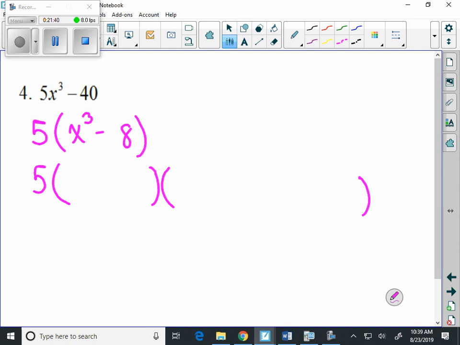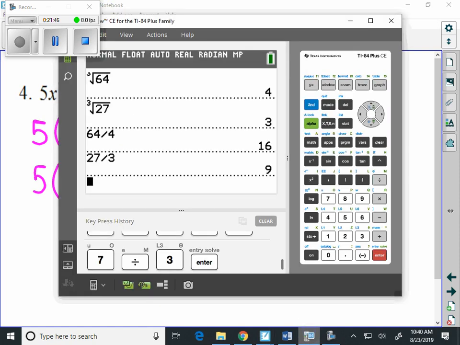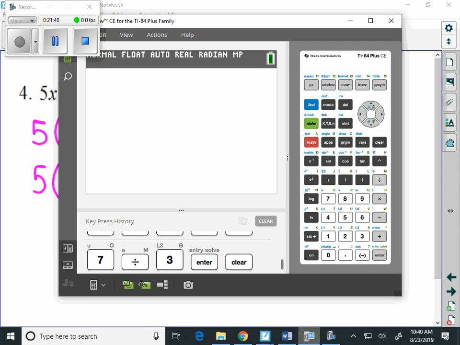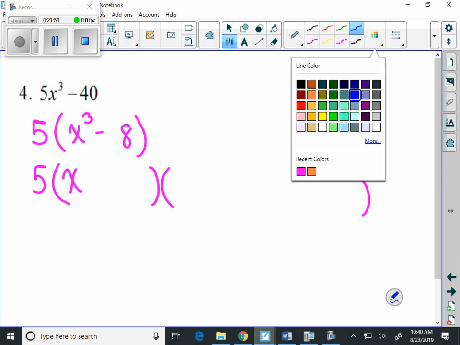And the cube root of x cubed is x. The cube root of 8. Again, math, number 4, and then type in the 8 and enter. The cube root of 8 is 2.